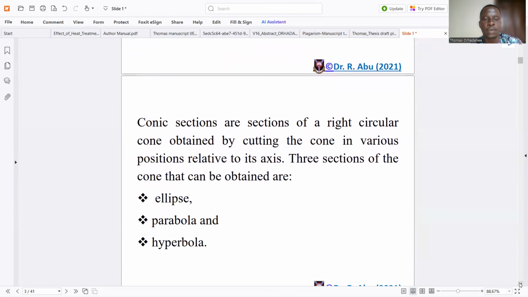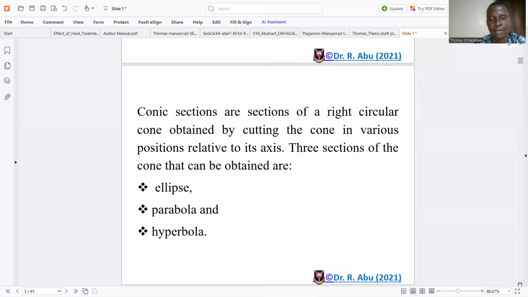So basically, what are conic sections? They are sections of a right circular cone obtained by cutting the cone in various positions relative to its axis. Three sections of the cone that can be obtained are ellipse, parabola, and hyperbola.